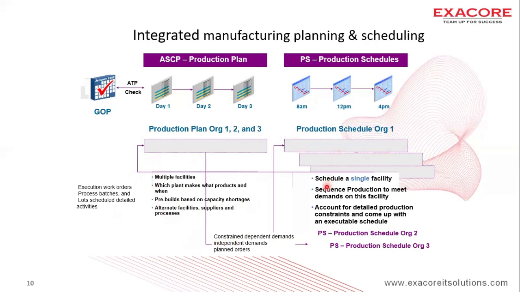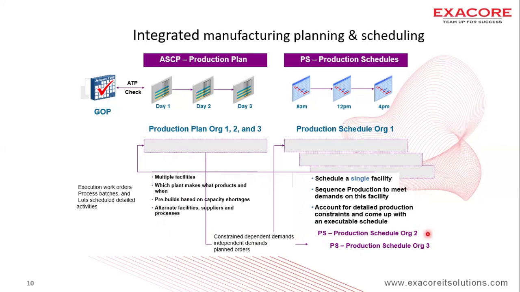where the sequence of the production will be generated, all the detailed production constraints will be set up, and the schedule will be executed. Similarly, if the product is manufactured in a different plant, the same production plan steps will be followed and a different production schedule will be set up for organization 2.